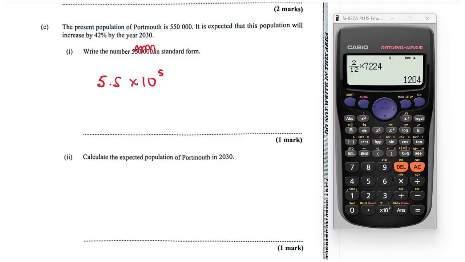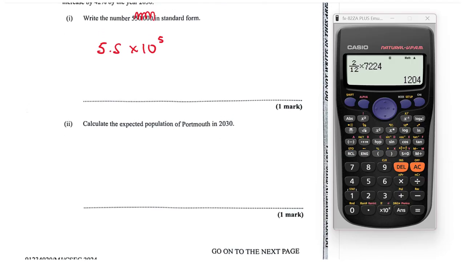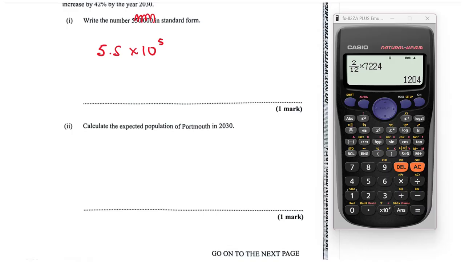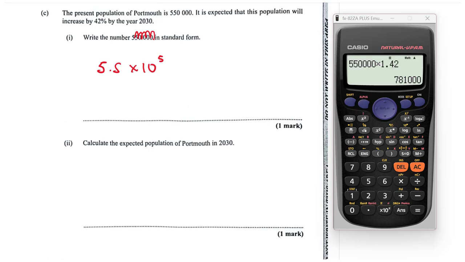Now part 2 says calculate the expected population of Portsmouth in 2030. In order to find it, the question states that it will increase by 42%. So we're going to take 42% of 550,000: 0.42, that's 42%, of the 550,000.